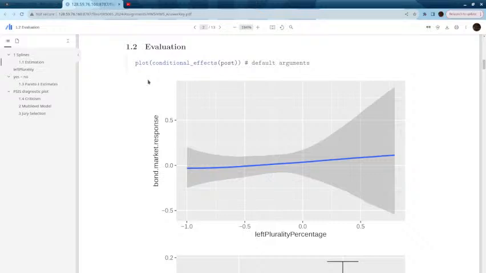However, when it makes the plot, this first plot is of the linear basis function. By construction, the linear basis function is linear. So this is not any empirical evidence for the proposition that the outcome is linearly related to the running variable, in this case, left plurality percentage.